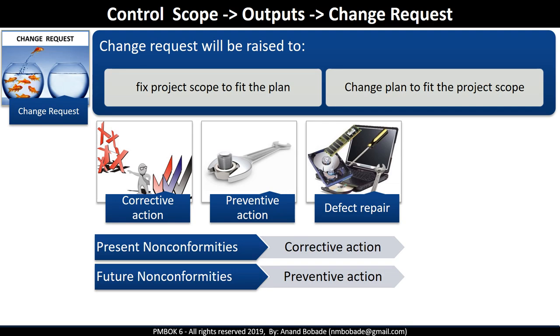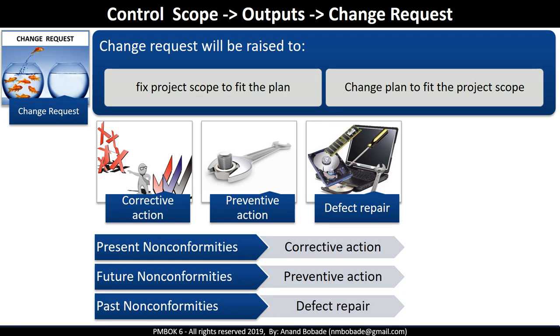If a trend towards a future variance from the plan is discovered in the trend analysis, it means there are possible future non-conformities, then project manager needs to take preventive actions to make sure that the potential variance in the future is prevented by changing the performance baselines.